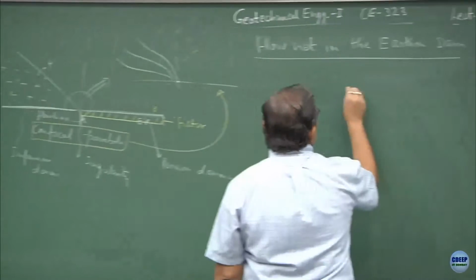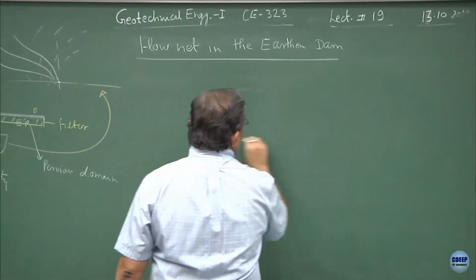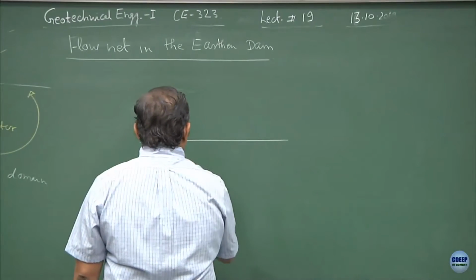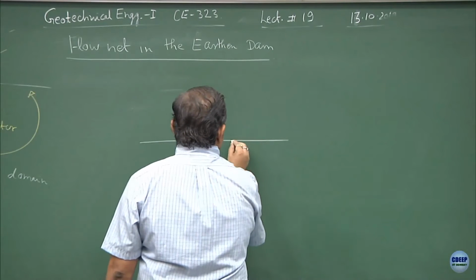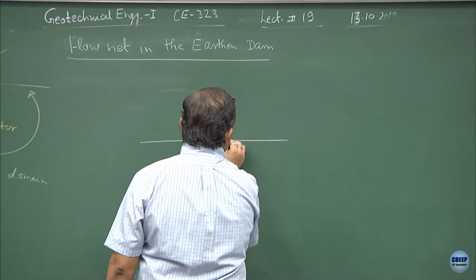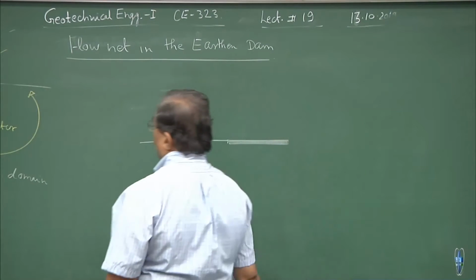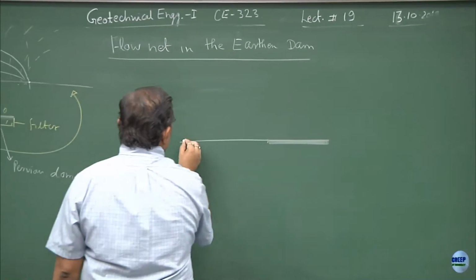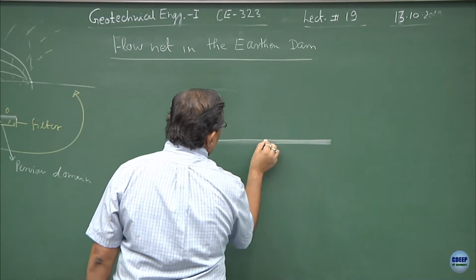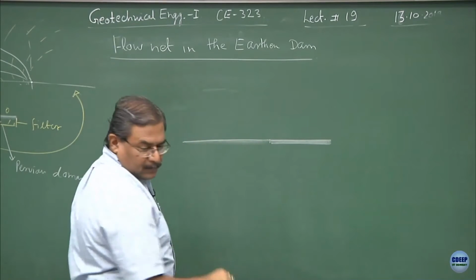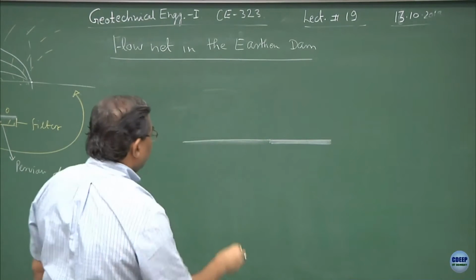So, imagine if you want to construct a dam, how would you do it? You will first lay in this portion certain layer of granular material. You will start laying the soil on this side and compacting it. So, this is the soil.